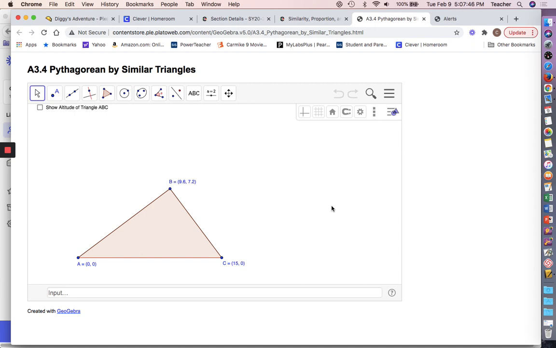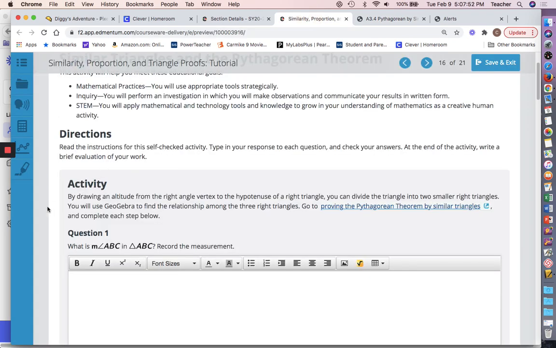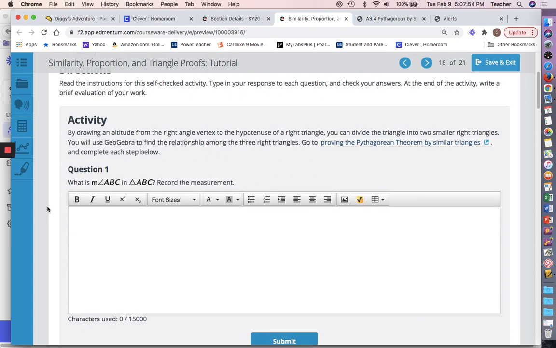Alright, so I got a triangle here, and they gave me the coordinates. Not particularly like that I got decimal right there, but I'll deal with it. So what is the measure of angle B? Because that's the letter in the middle. So what's the measure of angle ABC in triangle ABC? And record the measurement. Really, that's all they want?